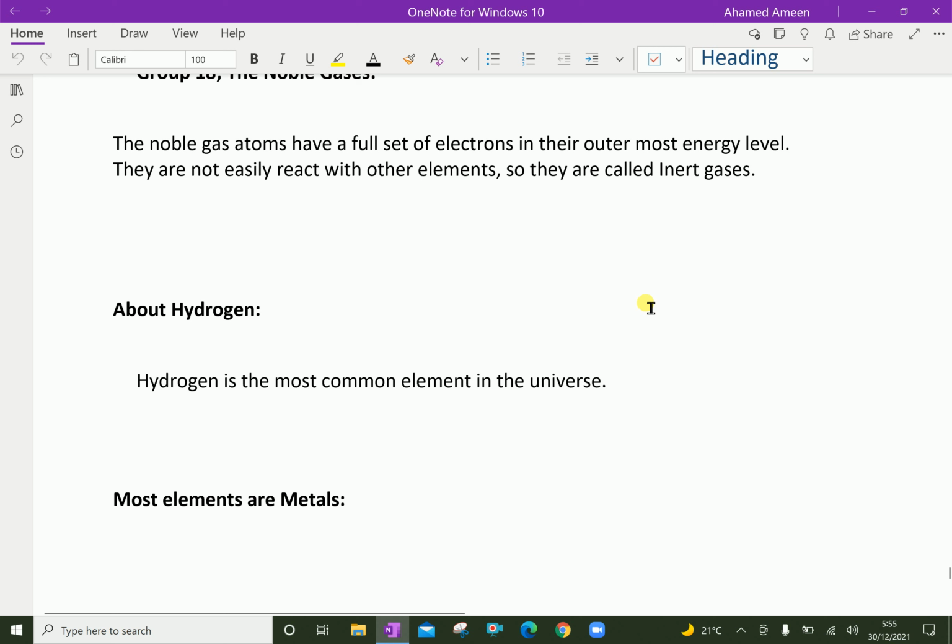The noble gases were once called inert gases because they were thought to be completely unreactive, but sometimes they react with some other metals under special arrangements, so chemical reactions can be created.